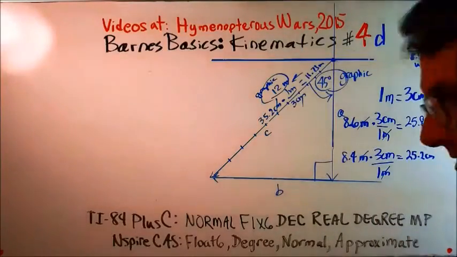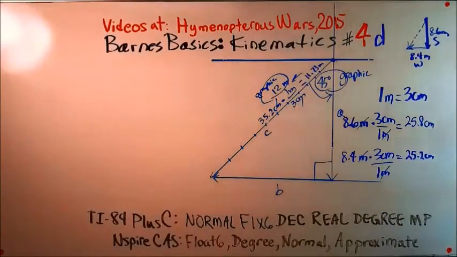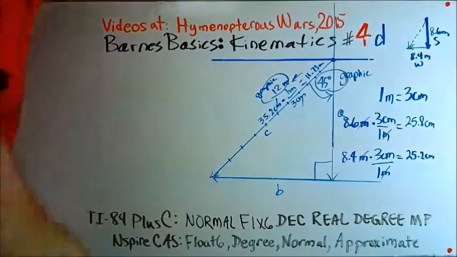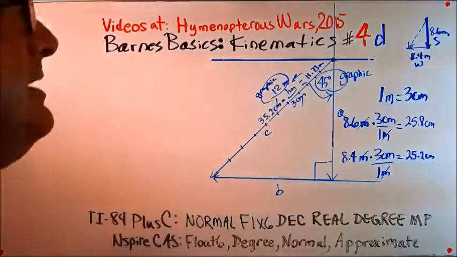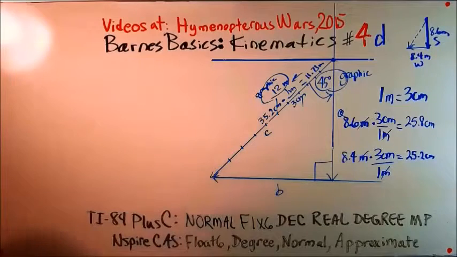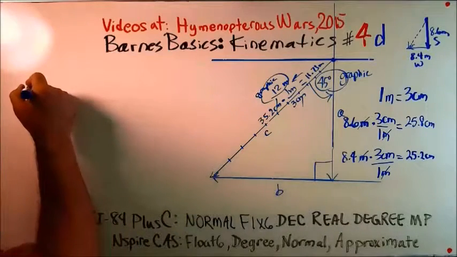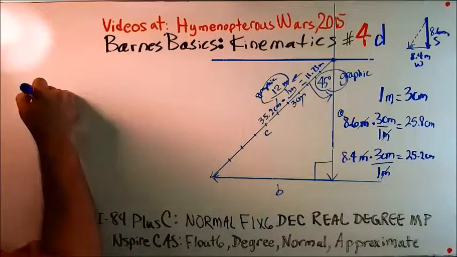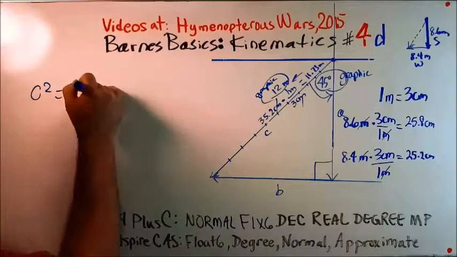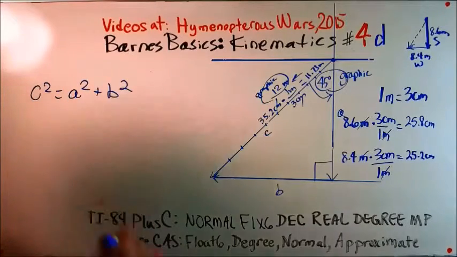I'm going to do that next, and I'm going to move over to here. And so I'll have a little bit of room to do that and not be exactly in the way. The way that we're going to mathematically prove this is with the Pythagorean theorem. We say that c squared is equal to a squared plus b squared.